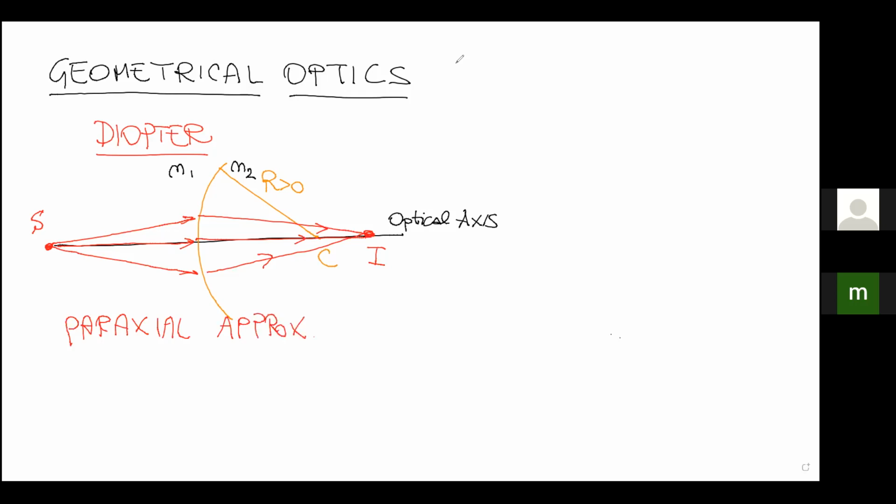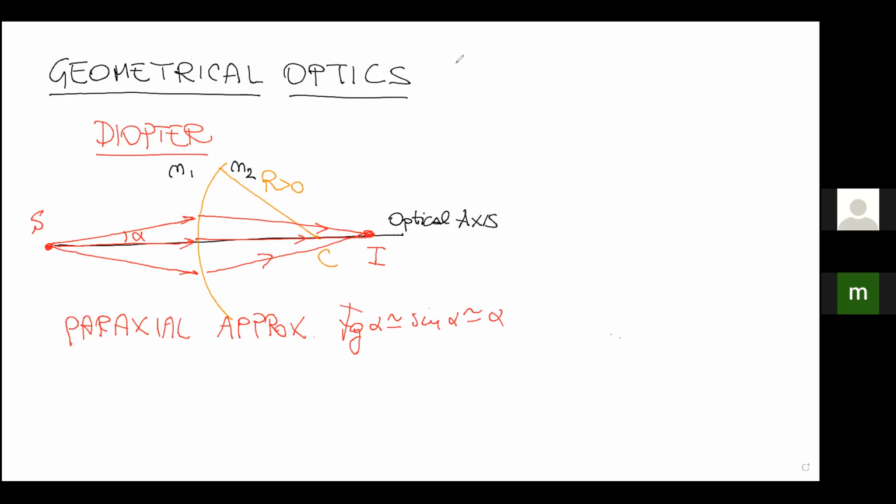That is, if this angle is so small that you can neglect the difference between tangent alpha, sinus alpha, and alpha. This is the same approximation you make when you study the pendulum in physics. Okay, the simple pendulum.